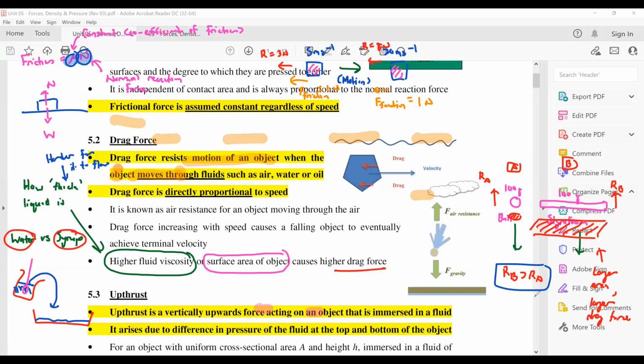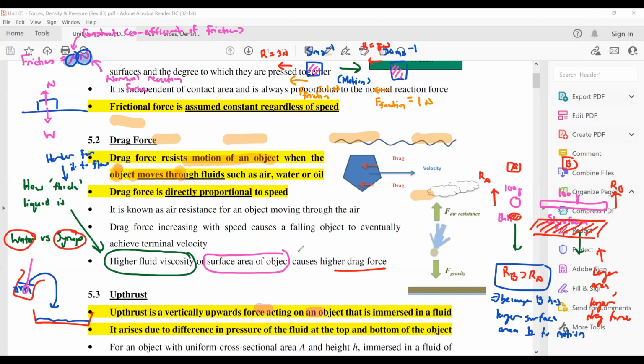RB is more than RA because B has larger surface area perpendicular to airflow, perpendicular to the motion.